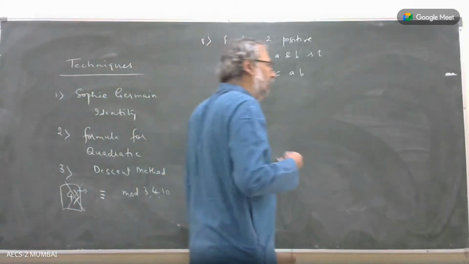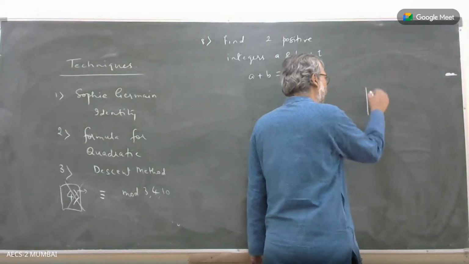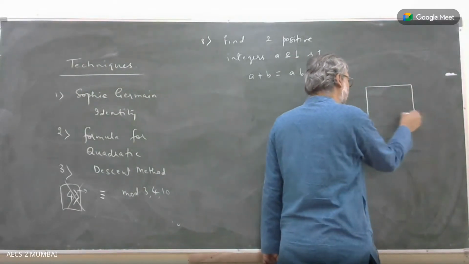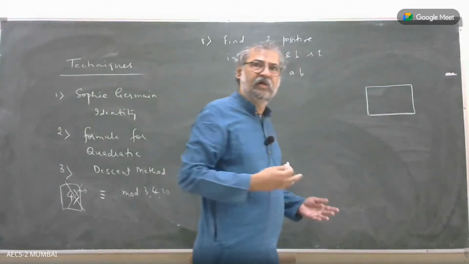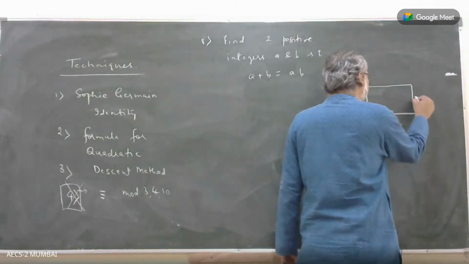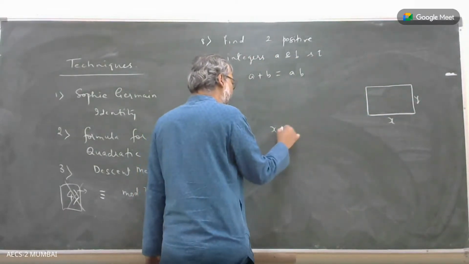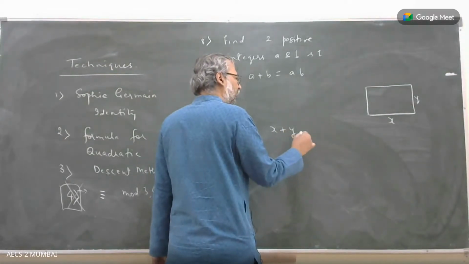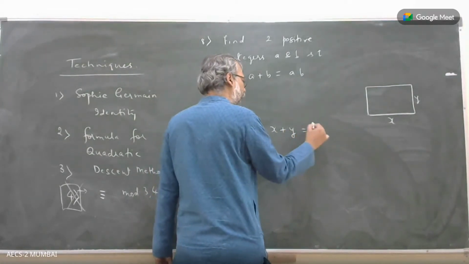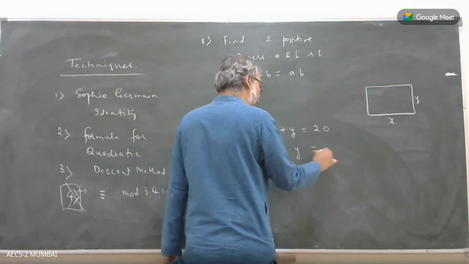So this has some geometric interpretation. In fact, Babylonians worked with problems on rectangles where the perimeter equals something. For example, suppose I have a rectangle with sides x and y, and say the perimeter is 20 and the area is equal to say 24.